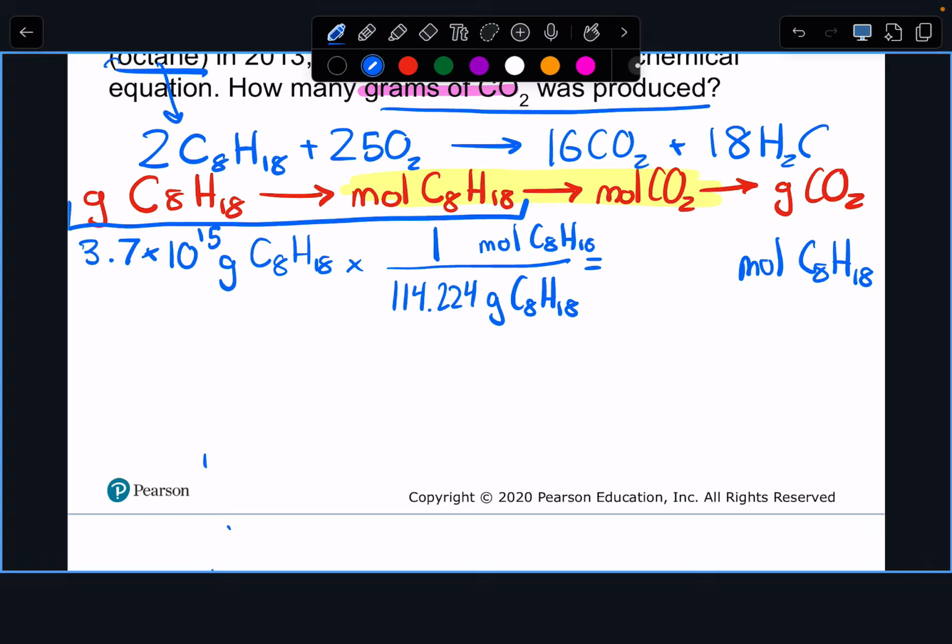So this is 12.01 for carbon times 8 plus 1.008 for hydrogen.